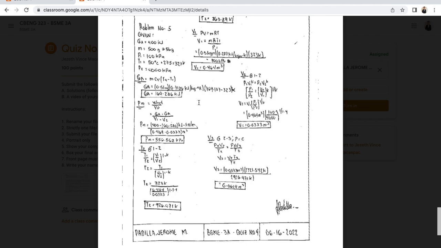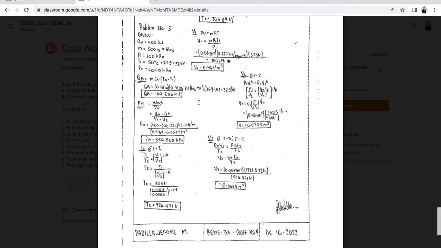So 323 Kelvin for the T1 over 0.464 for the V1, 0.0333 for the V2, and raised to 1 minus 1.4. So for the T2, 926.471 Kelvin.